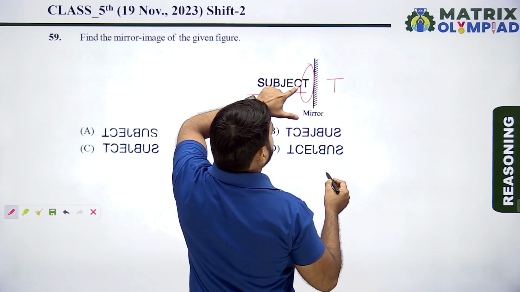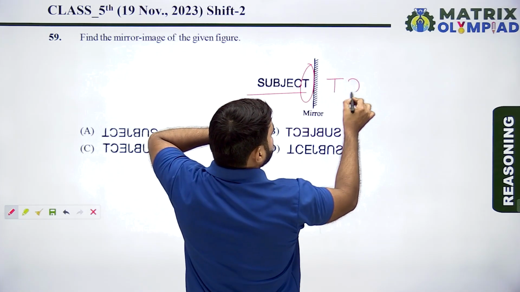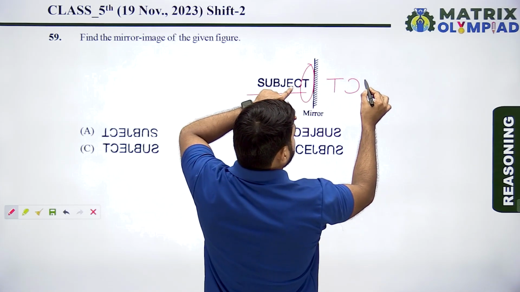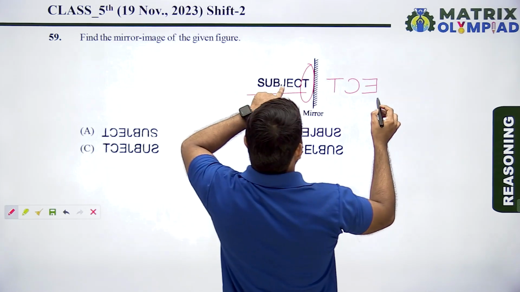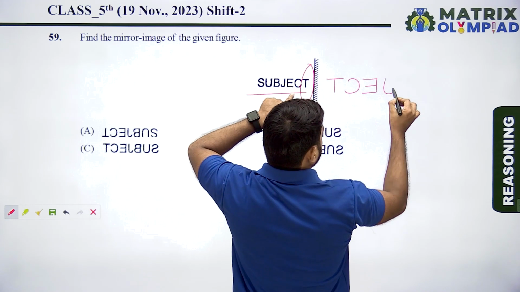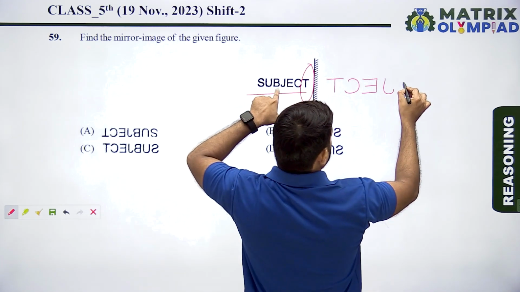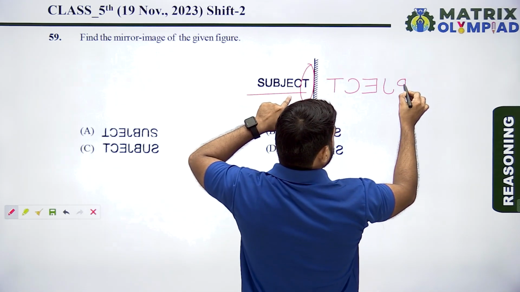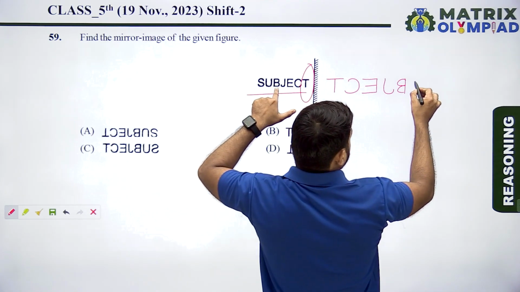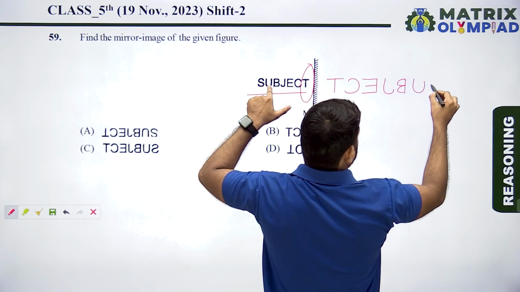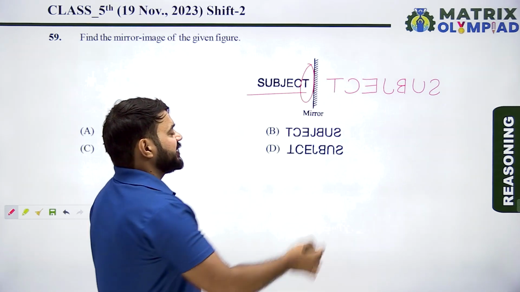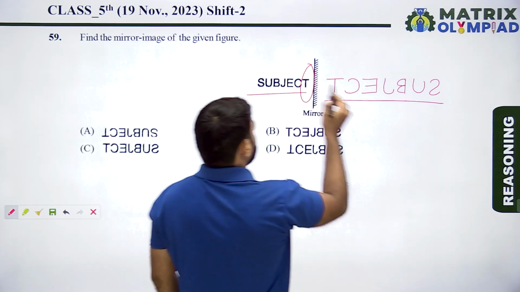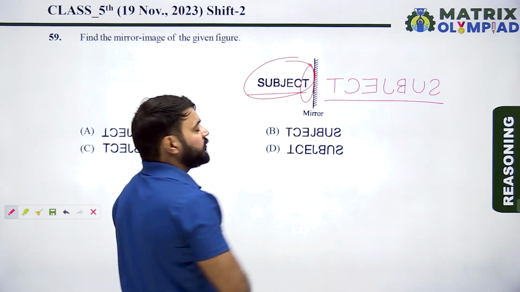Now find the mirror image of C. Now find the mirror image of E. So the mirror image of E looks like as follows. Now the mirror image of J. So the mirror image of J looks like as follows. Now the mirror image of B. Now find the mirror image of U, and then find the mirror image of S. So this is the correct mirror image of the given combination of letters.